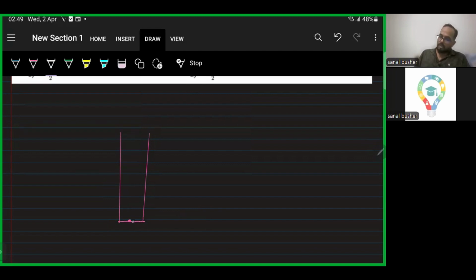At the closed end it will be a node and at the open end it will be an antinode. This you already know. So the frequency generated will be like this.